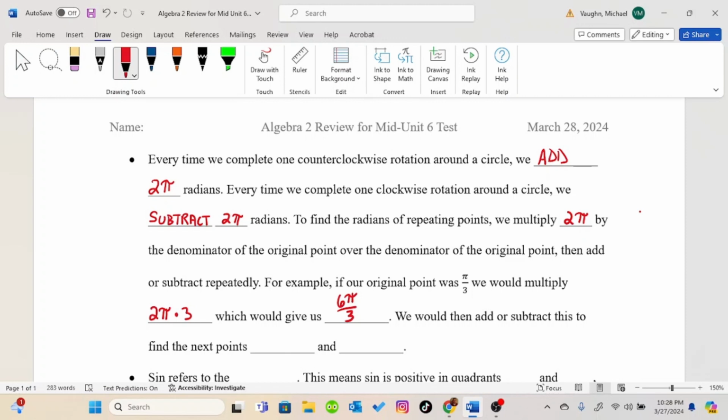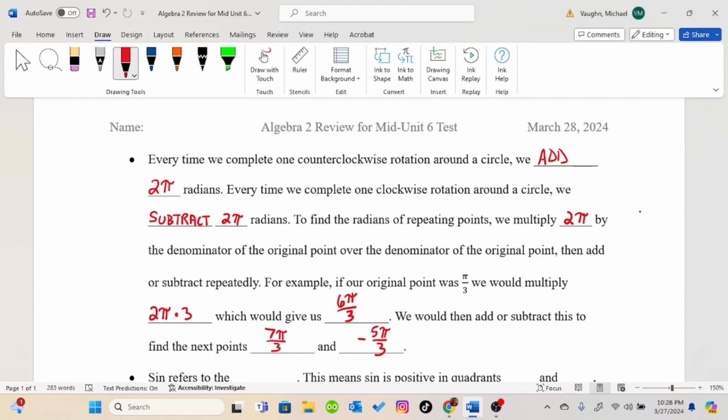If our original point was pi over 3 and we make a full counterclockwise rotation, we add it and we get 7 pi over 3. If we went from pi over 3 and we moved clockwise, we would subtract it and we would be left with negative 5 pi over 3.